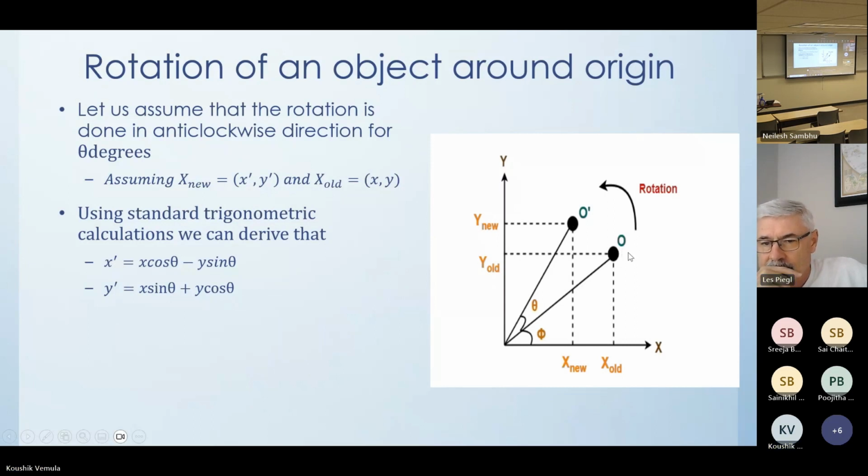Mhm. Then shouldn't we be getting the same point, since we'll be rotating back the exact distance? Well, you're going to get the same point with respect to a certain error, where you're going to get some error.